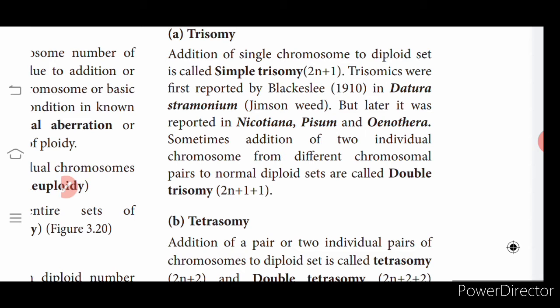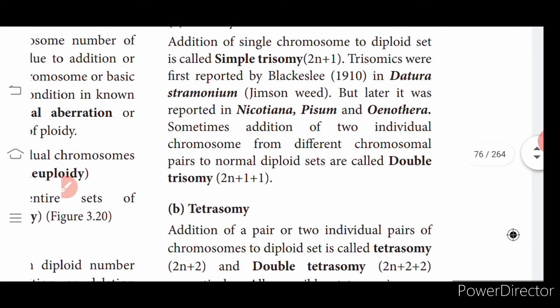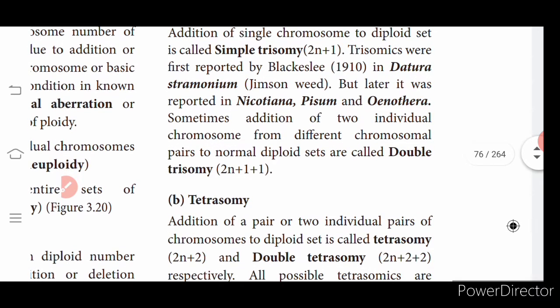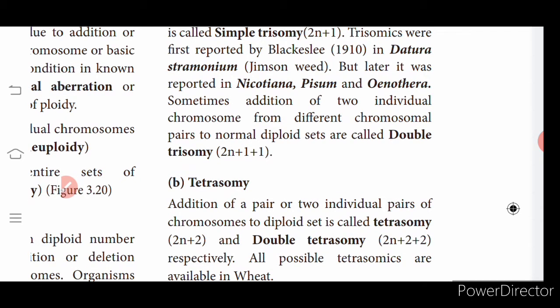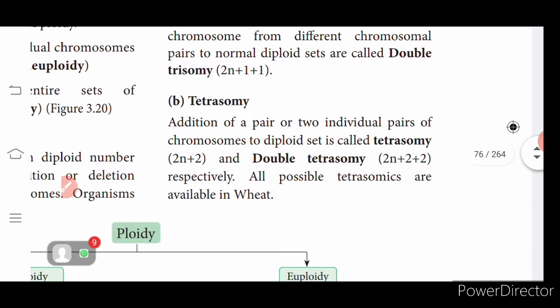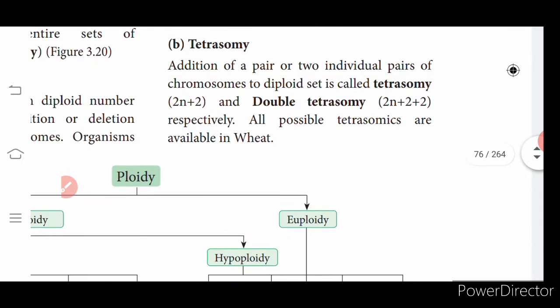You can see such a condition in Datura stramonium, but later it was reported in Nicotiana, Pisum sativum, Oenothera. Sometimes addition of two individual chromosomes from different chromosomal pairs is called double trisomy. Tetrasomy is a condition where addition of a pair of chromosomes to the diploid set is called tetrasomy.